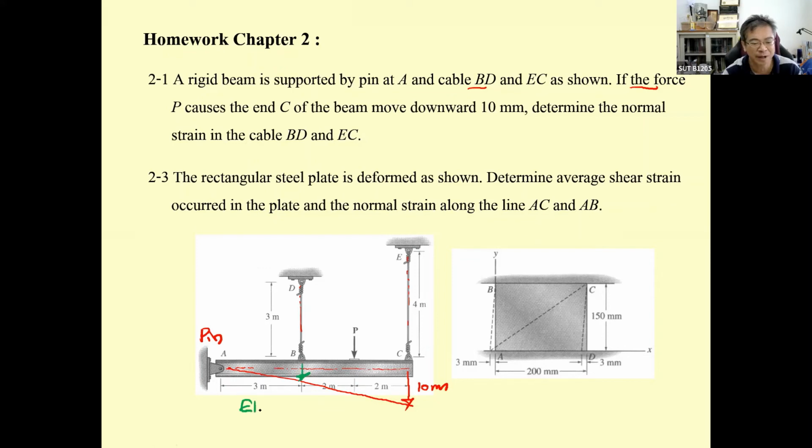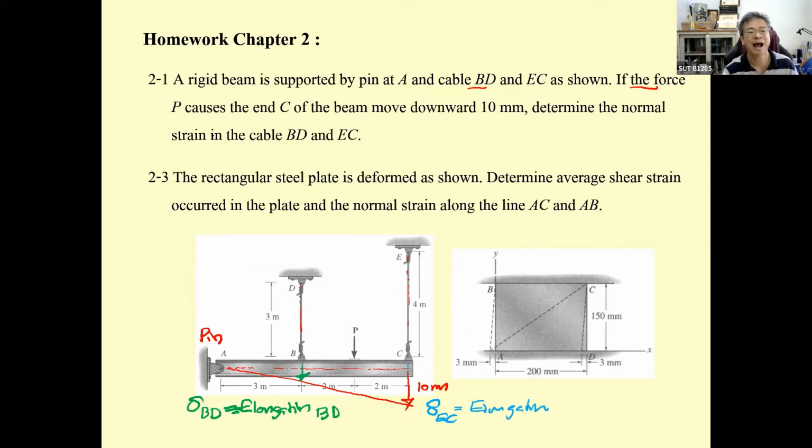This is going to be the elongation delta BD. Also for this one, you may see it's going to move 10 millimeters. This is delta EC.